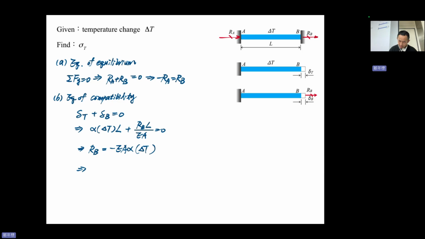Sigma T equals RB divided by A, so it's minus E alpha delta T. This is really classic.